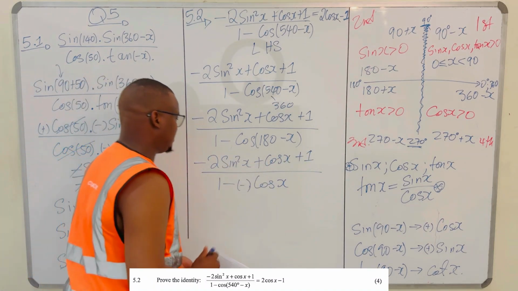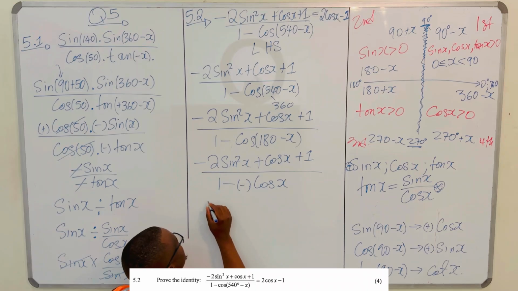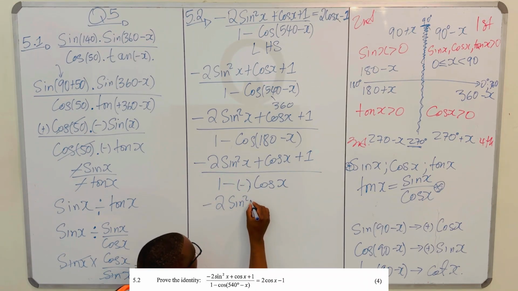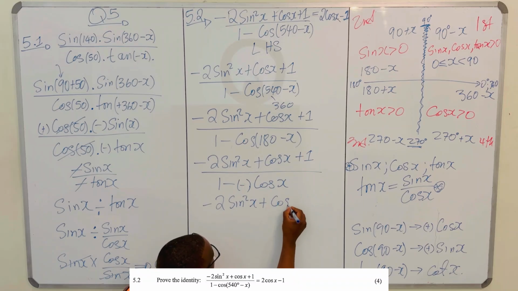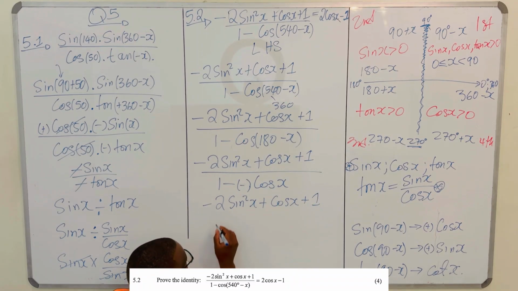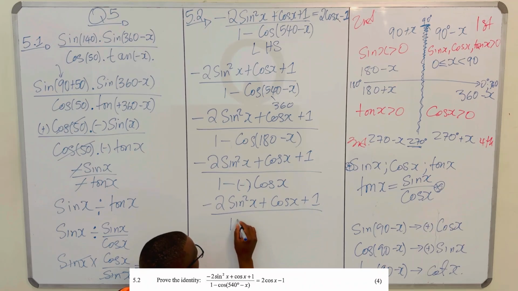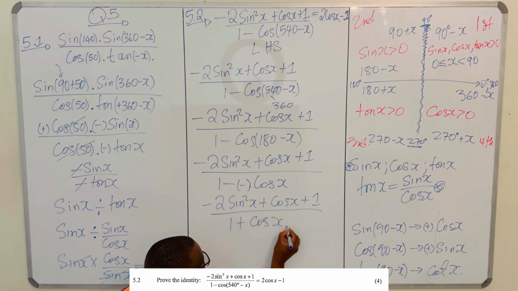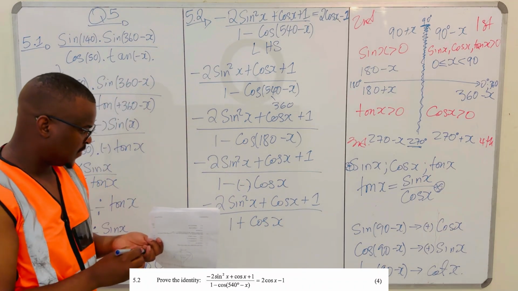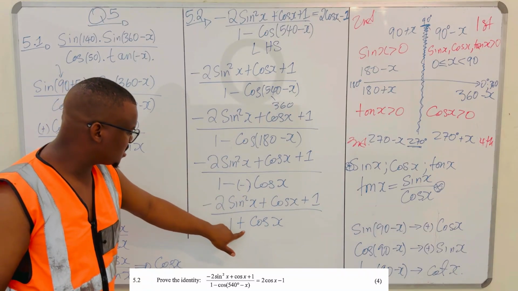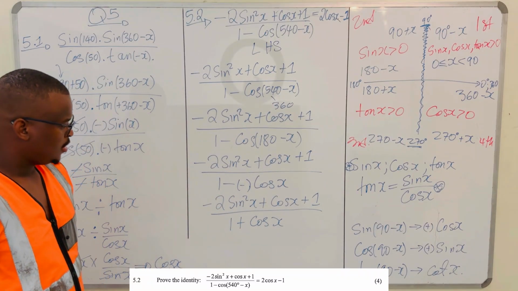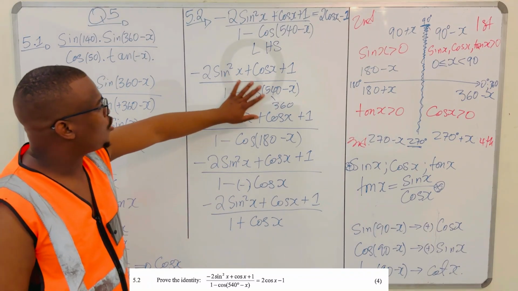Then we can simplify this, and it becomes minus 2 sine squared x plus cos x plus 1, all over 1 plus cos x. Because this times this will be positive, it will look like this. No problem. I think we are done with the complex things now.